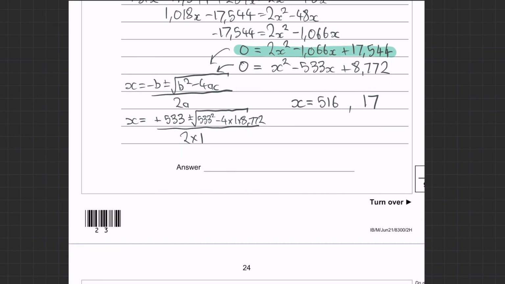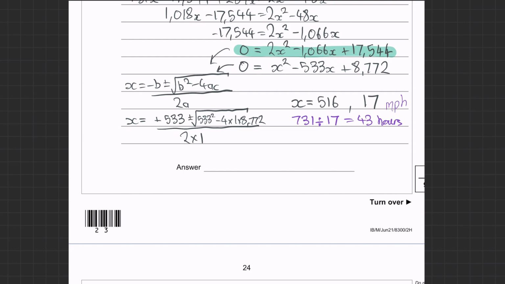In fact, if you do 731 divided by 17, you'll get 43 hours. So 731 miles divided by a speed of 17 miles per hour is 43 hours, so it's definitely not going to be that one.